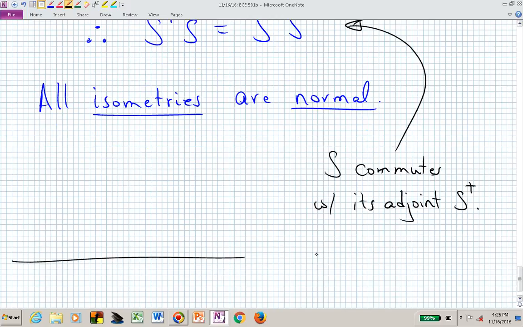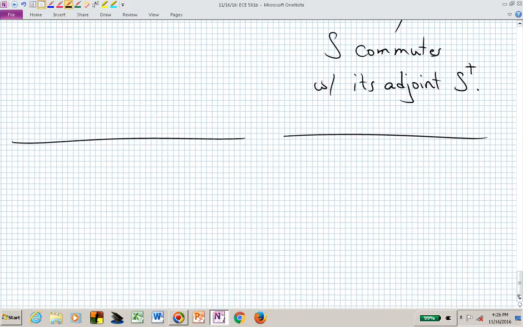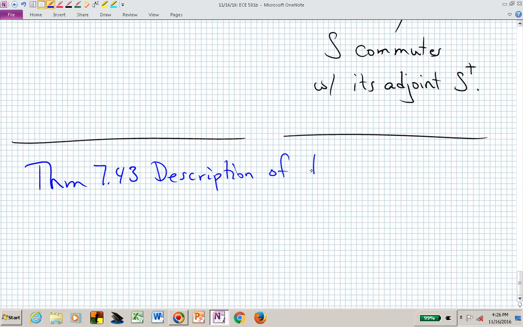Those are now some properties of isometries and some of the consequences, or a way to summarize those. Now we can talk about a more specific description in the form of another theorem. This is theorem 43, which says description of isometries when our field is actually the set of complex numbers.